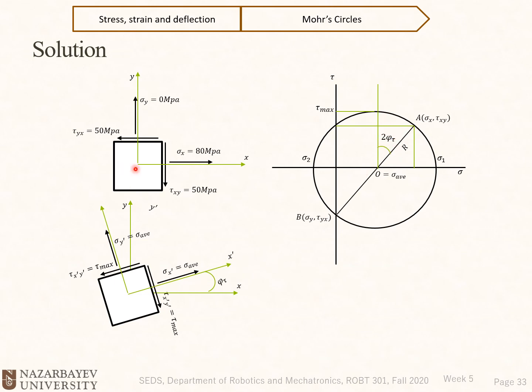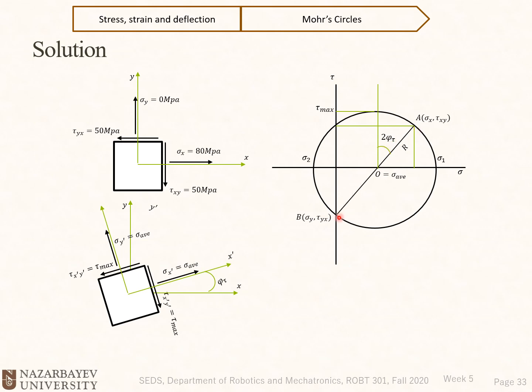So we need to rotate our original element by phi tau counterclockwise, and then on this new element, in the x prime y prime coordinate system, we will have sigma x prime, which is now equal to sigma average. Why?